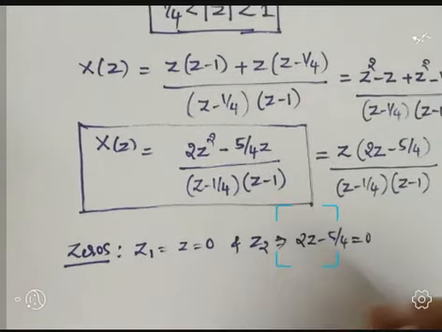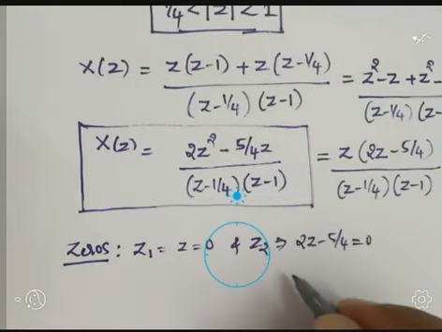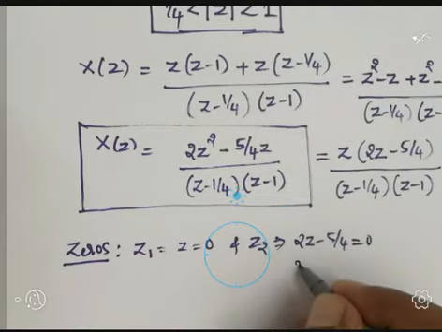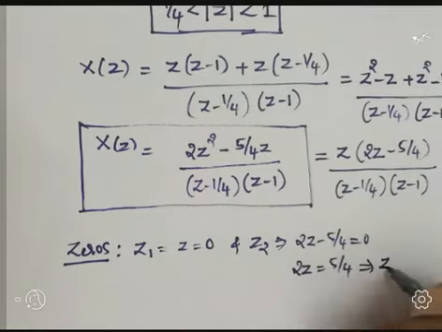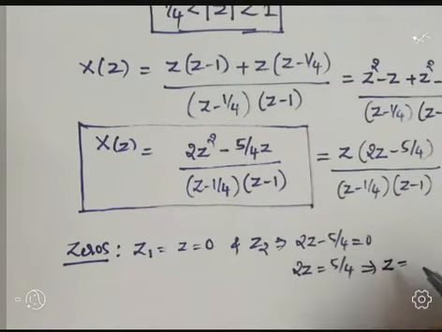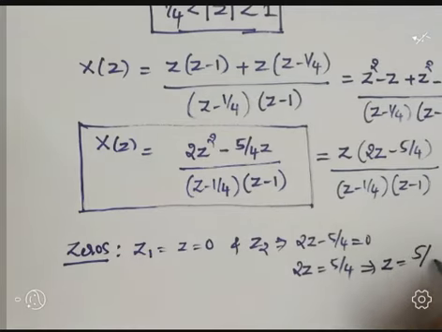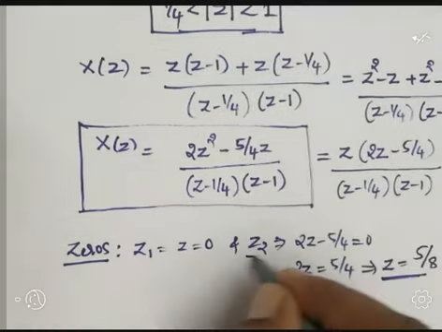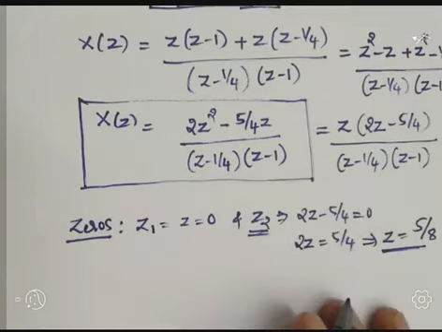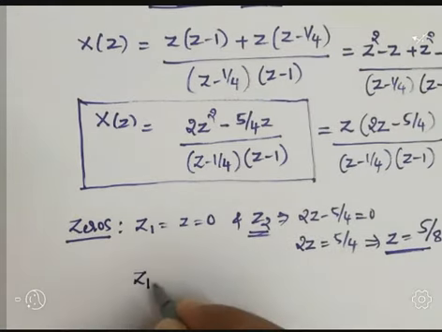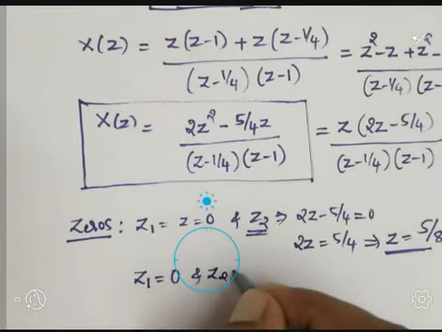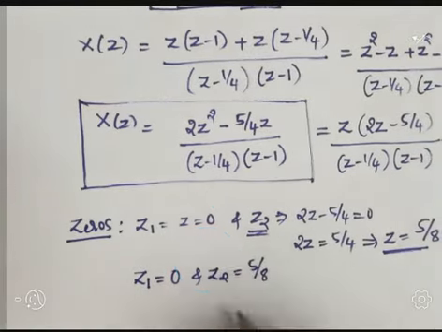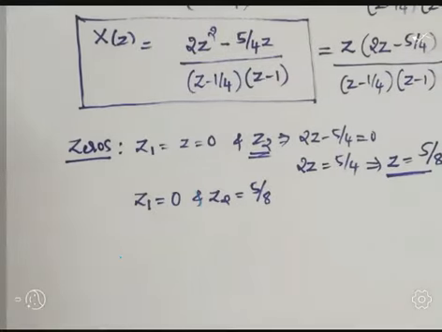So what we get? Simplification, 2z is equal to 5 by 4, hence z equal to, take two to the other side of this equal sign, 5 by 8. So second zero is at 5 by 8. So we have two zeros, one zero is at the origin and the second zero at z2 equal to 5 by 8. These two are the zeros. Let us go for calculation of poles.